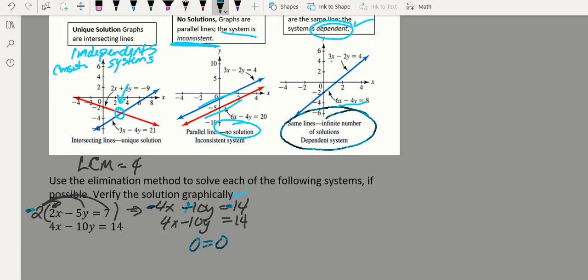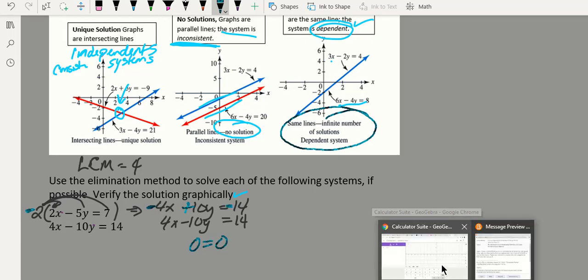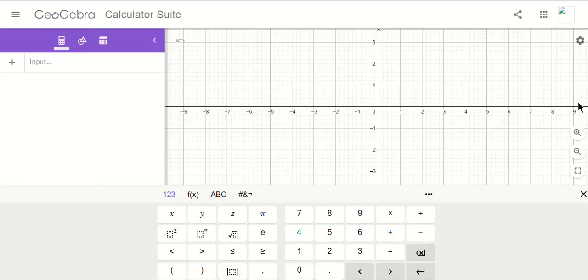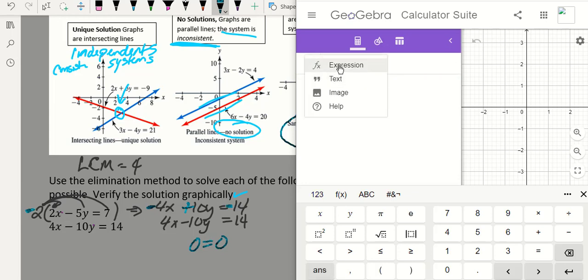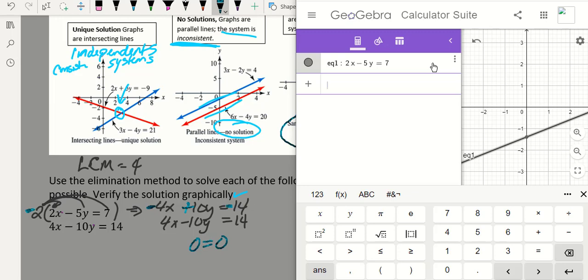So if I go to my Desmos, GeoGebra, and I put in what we had, 2x minus 5y equals 7, that's one. Then we're going to add another expression.